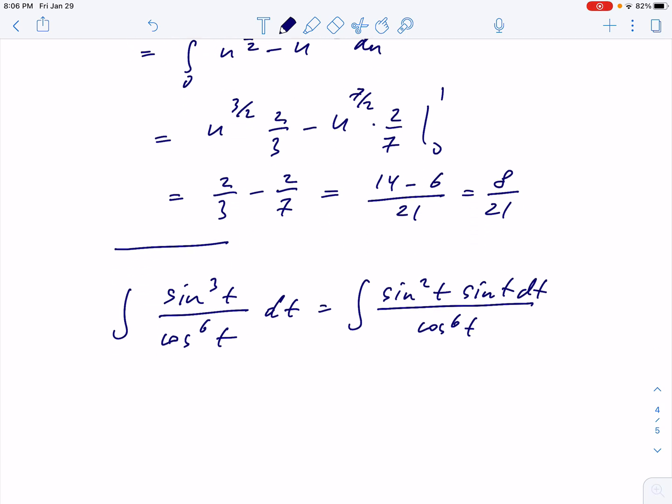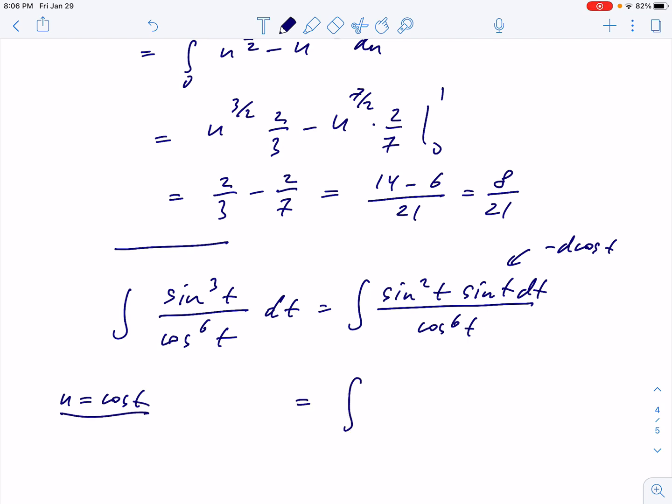Now sine t dt is negative d cosine t. Sine squared is 1 minus cosine squared. So it's good to write immediately u is cosine t and work with the substitution.